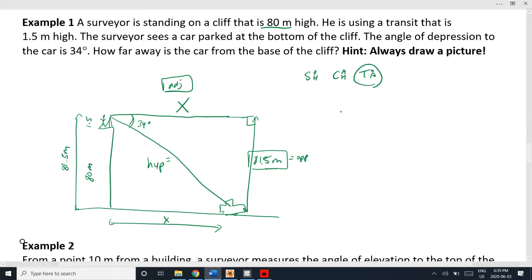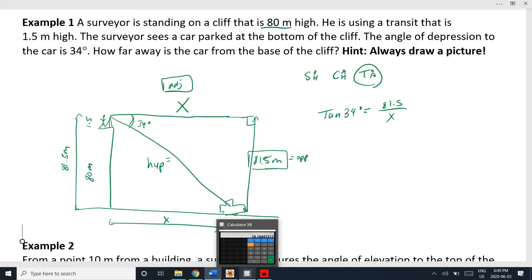So we can say the tan of 34 degrees is equal to opposite over adjacent. So opposite is 81.5 over adjacent, which we'll say is x, and this is the same distance over here. So what we need to do is just solve for x, and we can do that. Let's first figure out what tan 34 is by plugging it into our calculator.